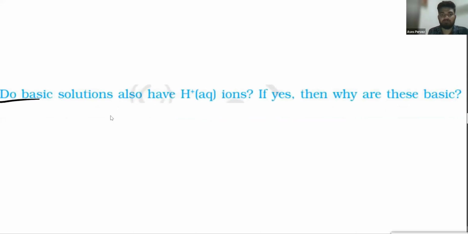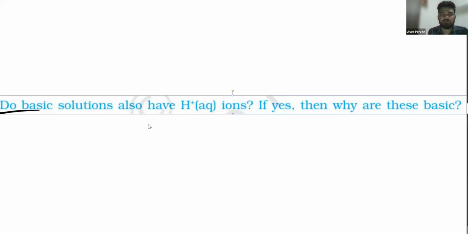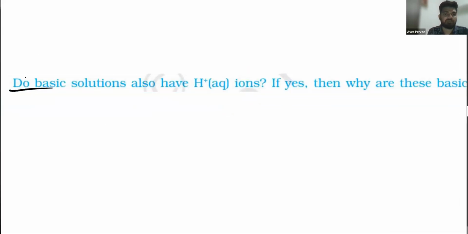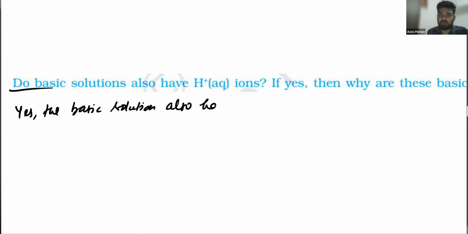Now I'm going to write the answer. Yes, the basic solution also has H plus ions.